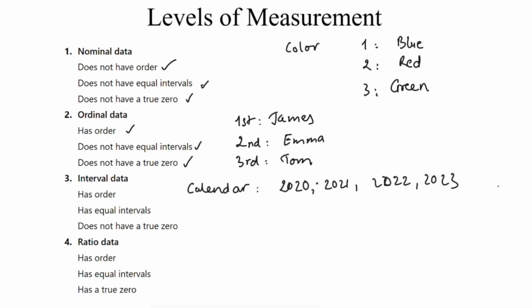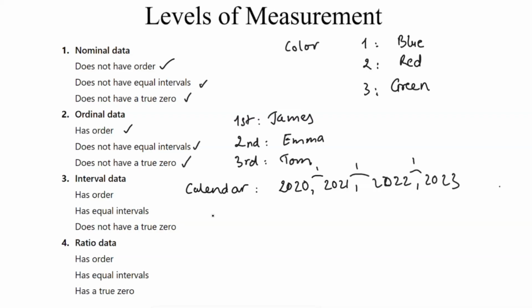The calendar year has equal interval because between this year and this year is 1 year, right? Between this year and this year is 1 year. So it has equal interval, okay? And then it doesn't have a true zero.